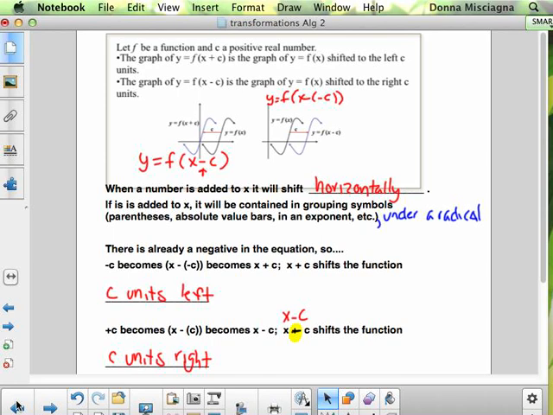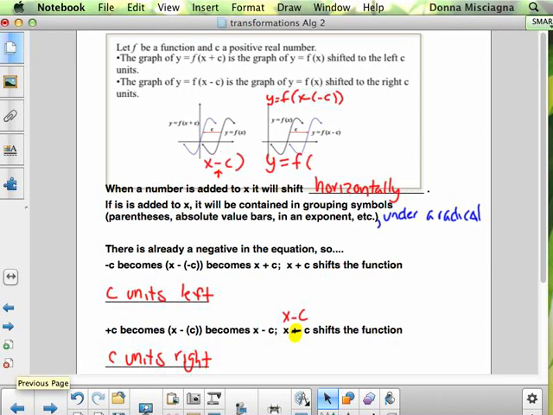So the plus is technically minus a negative because there already is a negative in the equation. So you can see on the left or the right there, the graph shifted to the, oh actually this is backwards. I don't think this is written in your notes anyway.